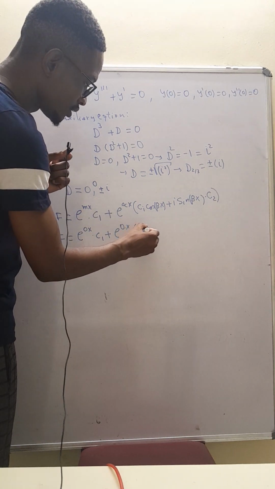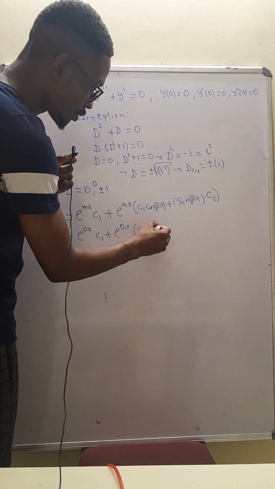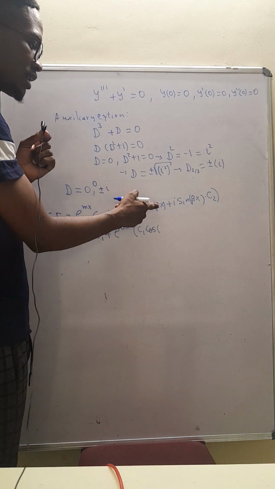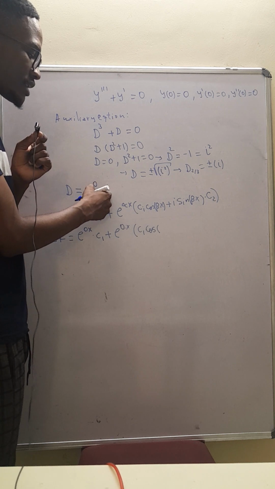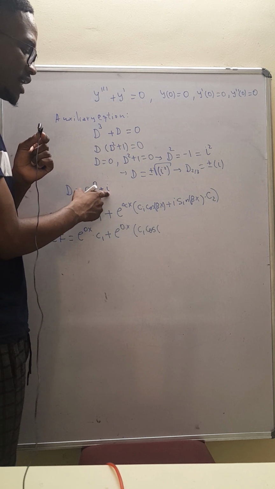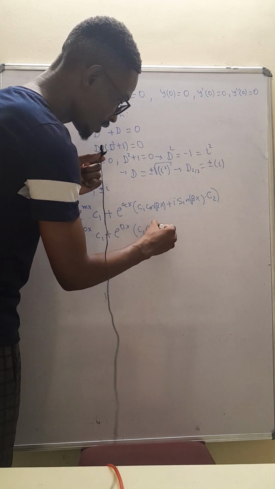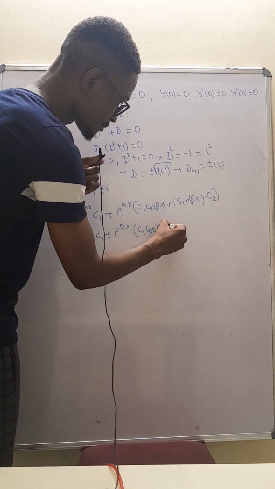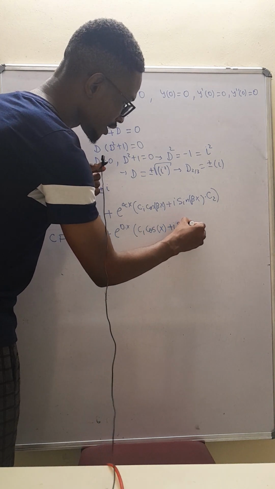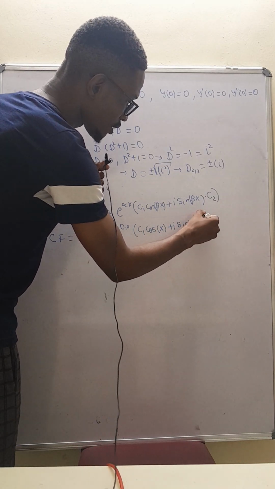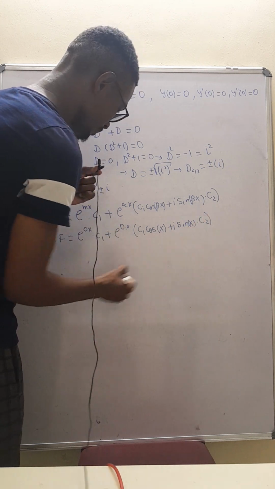Then C1 times cos. What is beta? Beta is the imaginary part, the number that is multiplying this i, the imaginary number. Here it will be 1 only. So it is cos x plus i sine x also times C2.